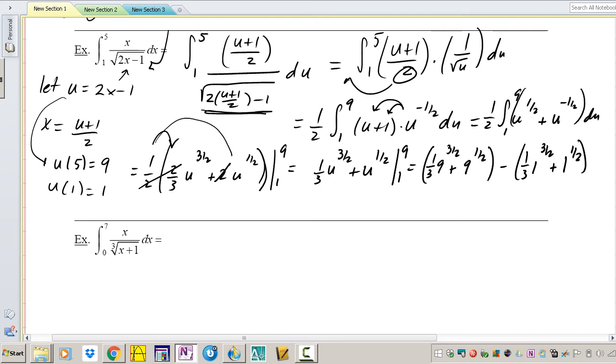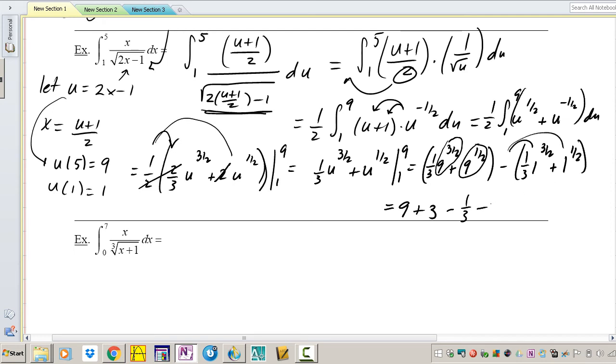What is 9 to the 3/2? That is the square root of 9 raised to the third. So that is 27, and then a third of 27 gives you 9. So this becomes 9 plus, what is the square root of 9? 3. 1 to any power is 1, times the negative third is negative 1/3, and then 1 to any power is 1.